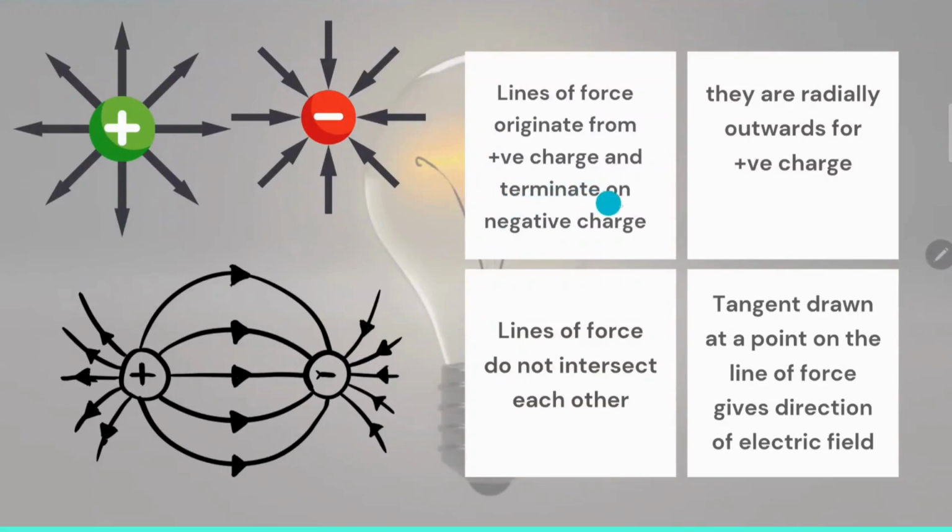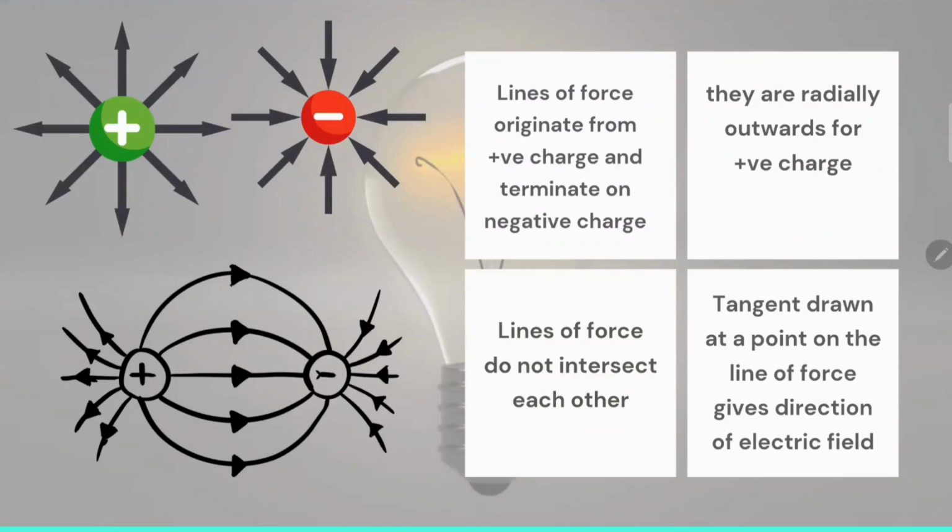And they terminate on negative charge. Look at this carefully: they originate from positive charge and terminate on negative charge. That is the first property of electric field lines.